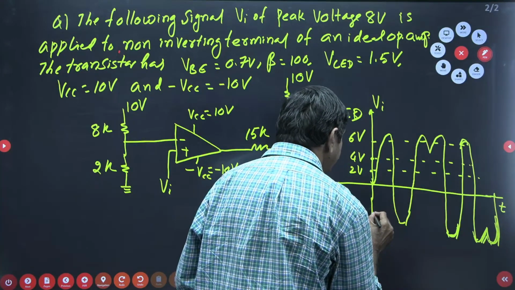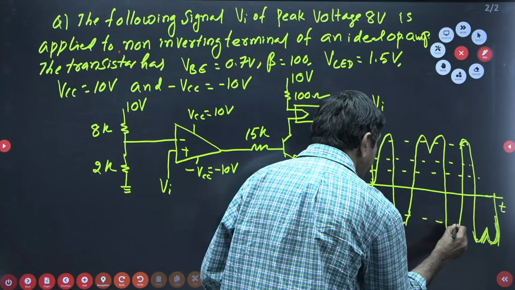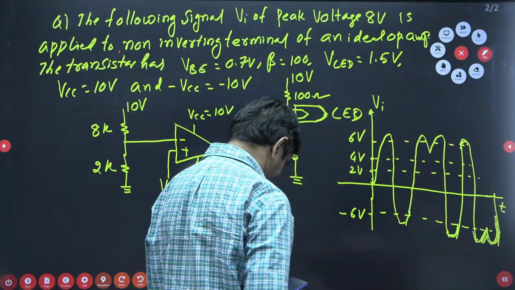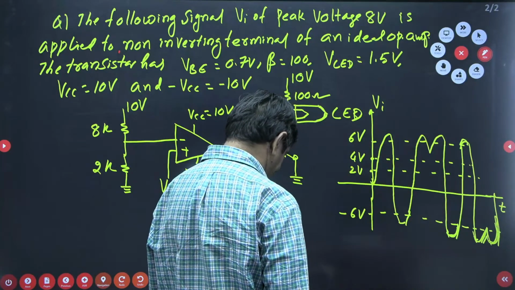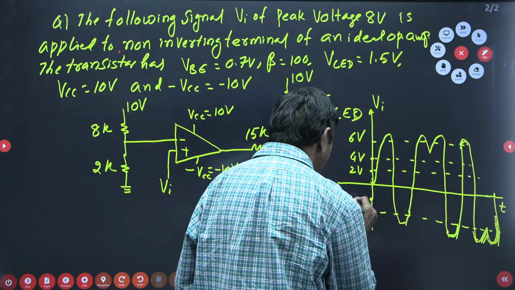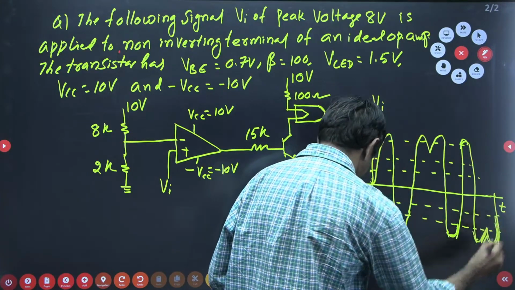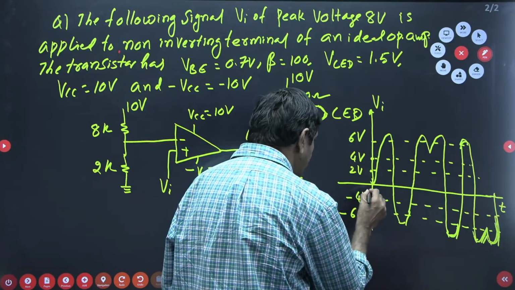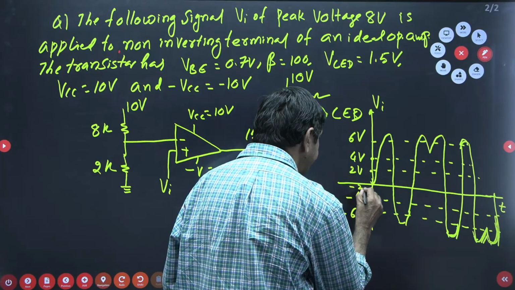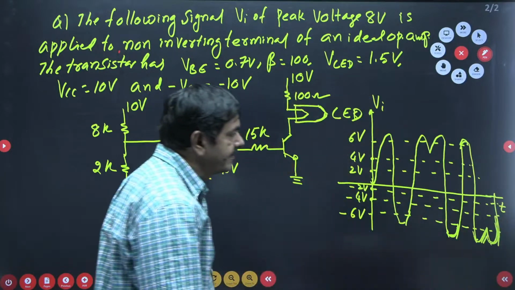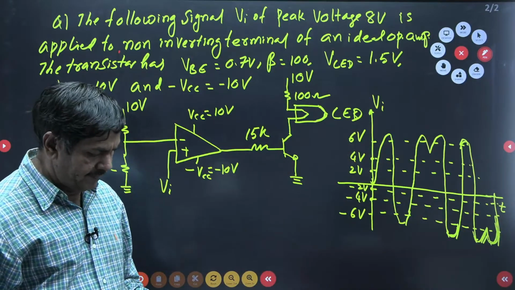And this is minus 6 volts, and minus 4 volts is given here. The waveform is given like this. Next is minus 2 volts here. That is the output waveform.